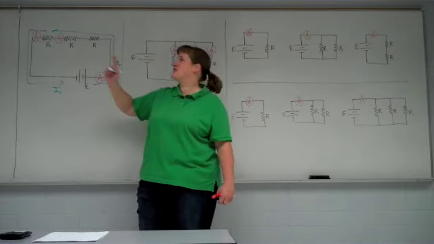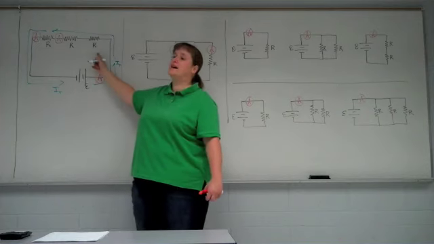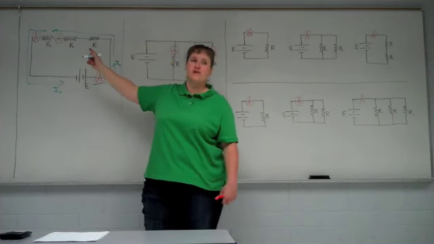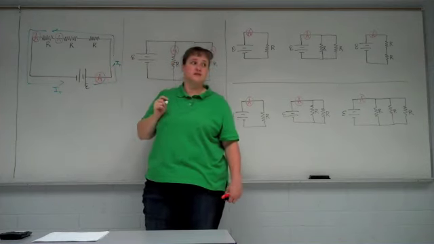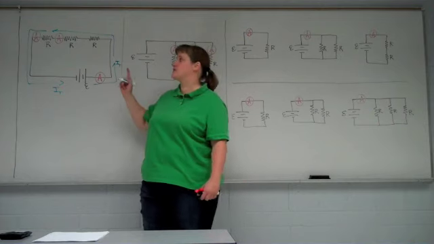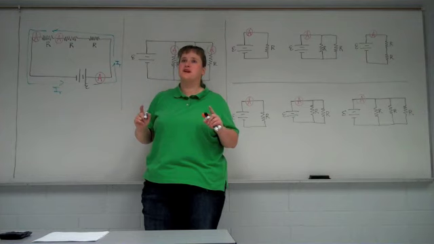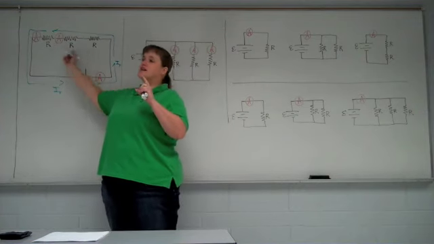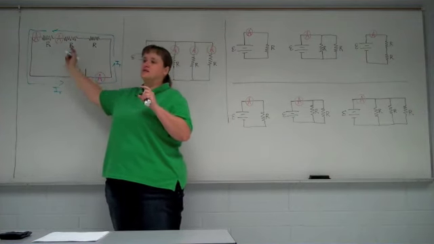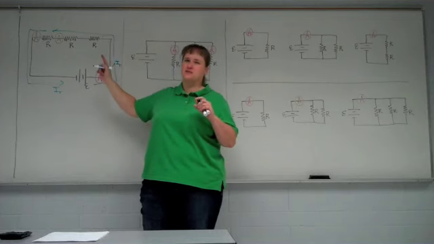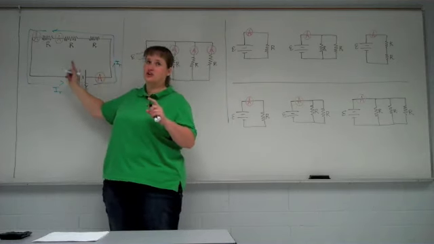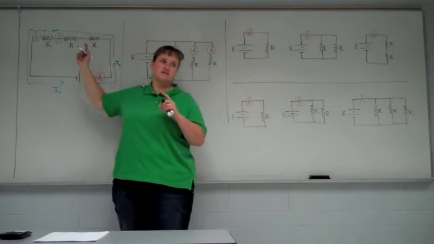Does that change if these resistors were not identical? Current would still be the same at each of those points. But would the value of the current be the same if these were not identical? Would the value of the current in the circuit be the same as the current when they are identical?